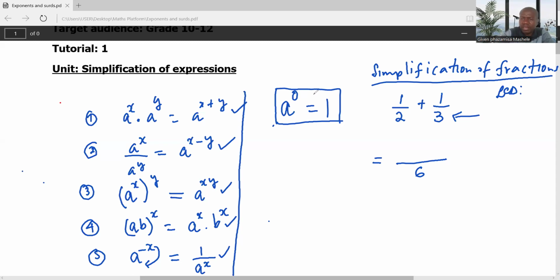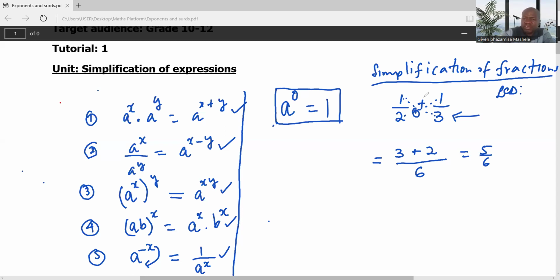First we multiply 1 with 3, so 1 multiplied by 3 is 3. Then we also multiply this: plus 2 multiplied by 1 is 2. So the answer becomes 5 over 6. I believe you're following what I've done.